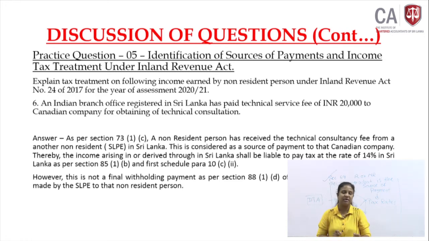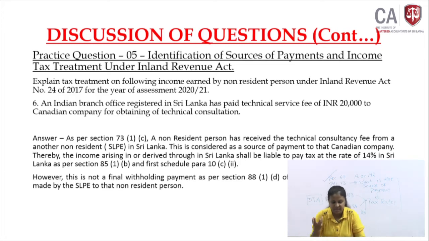This is a payment by the Indian branch office, a non-resident person, making a payment to another non-resident person. Clear? First thing you have to analyze the question. The Indian branch office, a non-resident person, is making a payment to the Canadian company, that means another non-resident person.